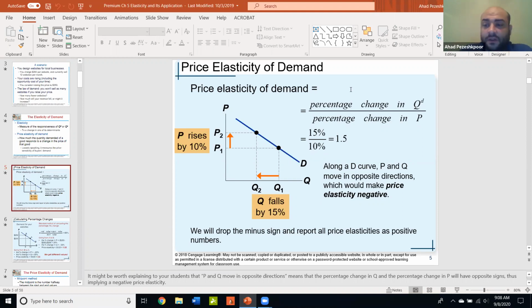If the voltage of the electricity going into my laptop goes up by, let's say, 10%, which is a small amount, the life expectancy of this laptop will fall by 50%. So we can say that the laptop is very sensitive to changes in the voltage of electricity going into it. And it makes sense.